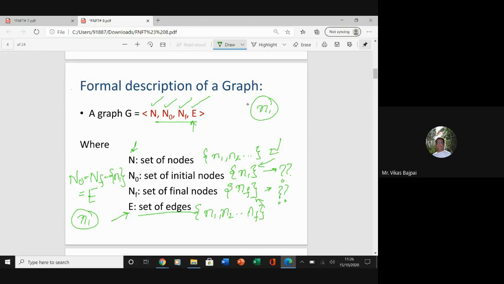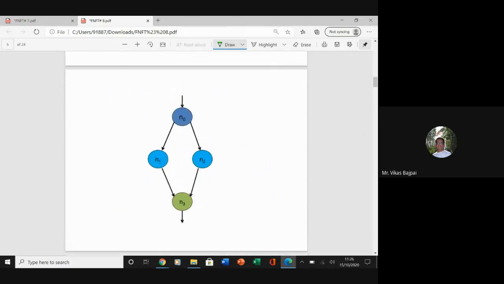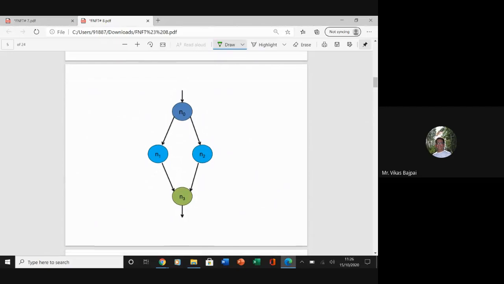So this deals with the formal description of a graph, and then let's take one example. What we have in this particular figure is something called SESE. We'll talk about this SESE in the next few slides.